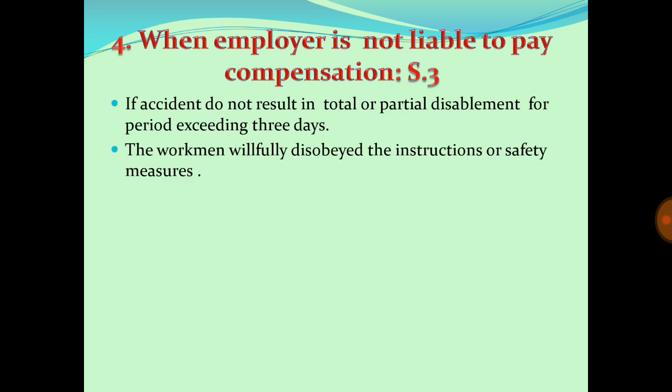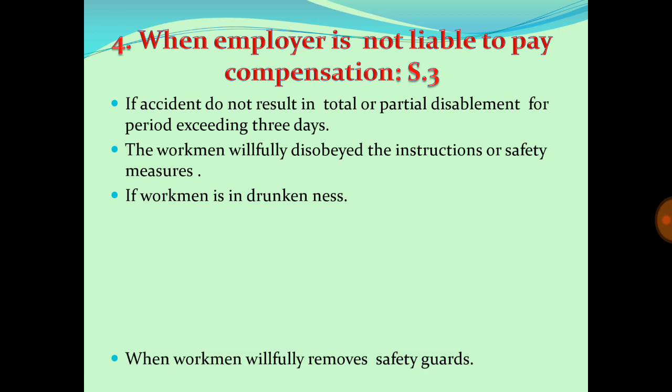Then the second condition is that the workman willfully disobeyed the instruction or safety measures, because the accident is caused due to the disobedience or not following the safety instruction. Then the third condition is if that workman is in drunkenness or is under the influence of any drugs, etc. In such a condition also the employer is not liable to pay compensation.